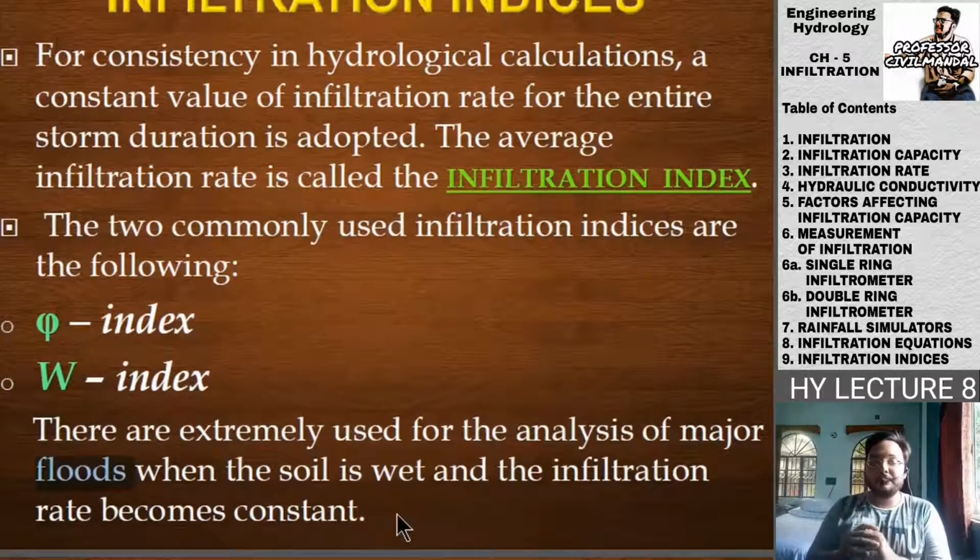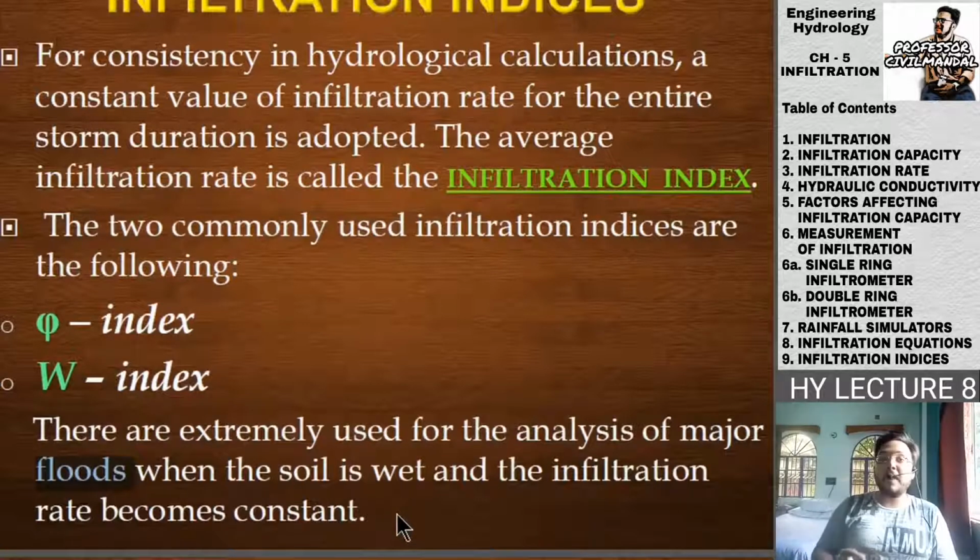But what can be the maximum intensity of this flood, at what time, at what amount it will be more, what maximum amount of flow can occur during this flood. All this analysis can be done with the help of this phi index and W index.